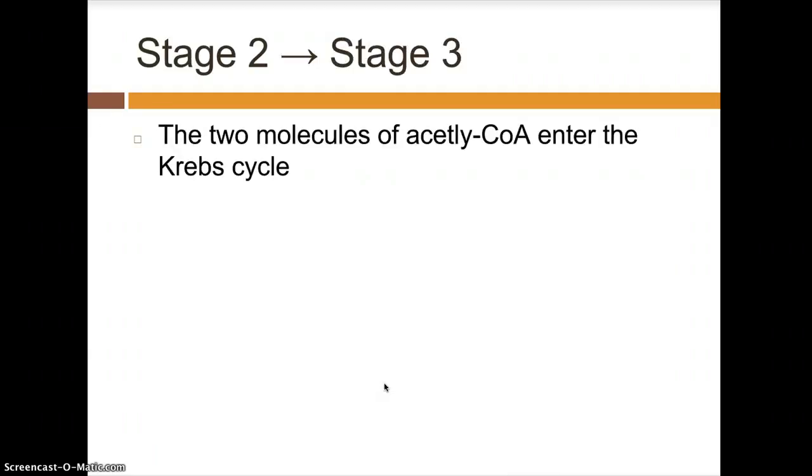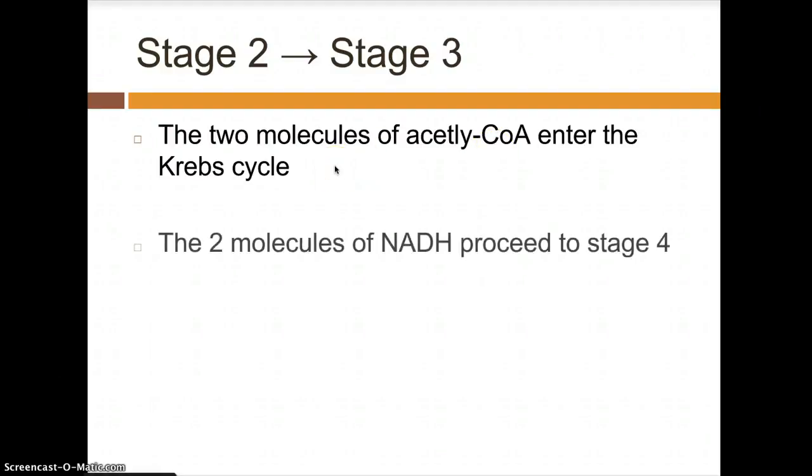So 2 molecules of acetyl-CoA enter the Krebs cycle. I say 2 here because for every pyruvate, we have 1 acetyl-CoA produced. Because glucose produces 2 pyruvate, it therefore produces 2 acetyl-CoA into the Krebs cycle. 2 molecules of NADH proceed to stage 4, which is the electron transport chain, as I mentioned.